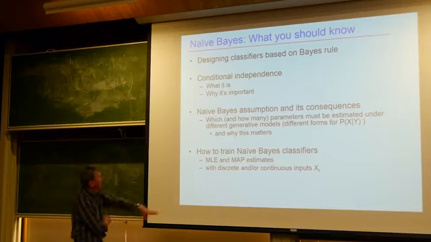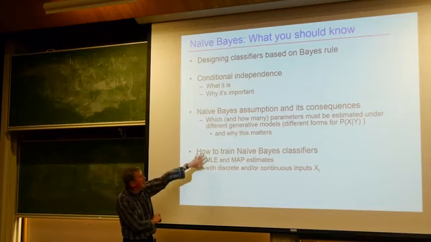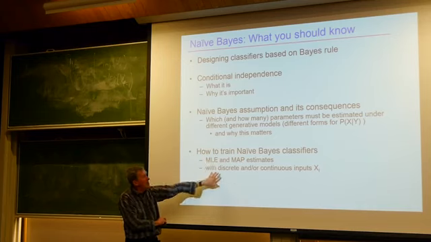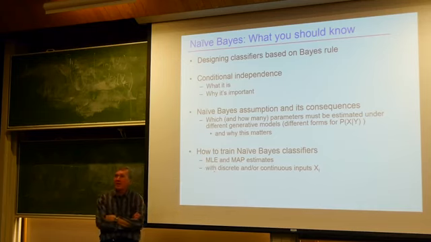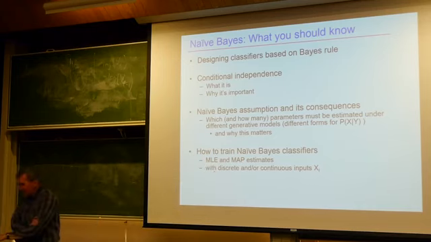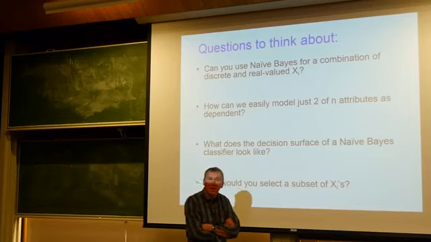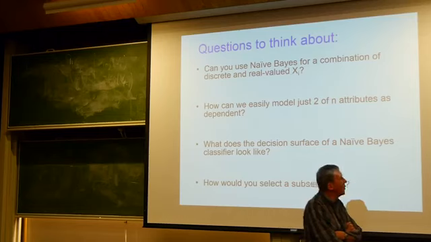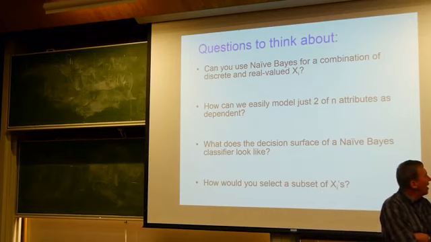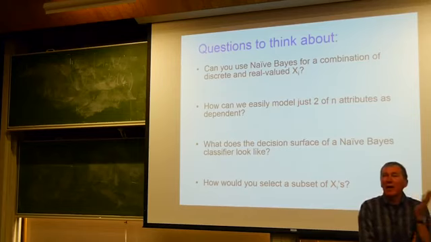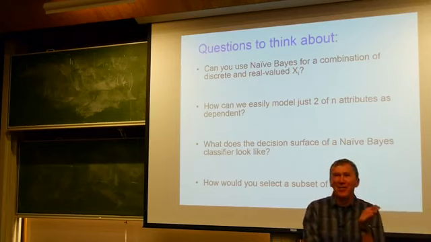And then you should understand how to train those with different kinds of estimates and with discrete or continuous variables. I added in the slides a few questions that you can think about. These are not homework questions, but I think they're useful questions to think about. These are the kind of questions that I think about when I come back to make up a midterm.